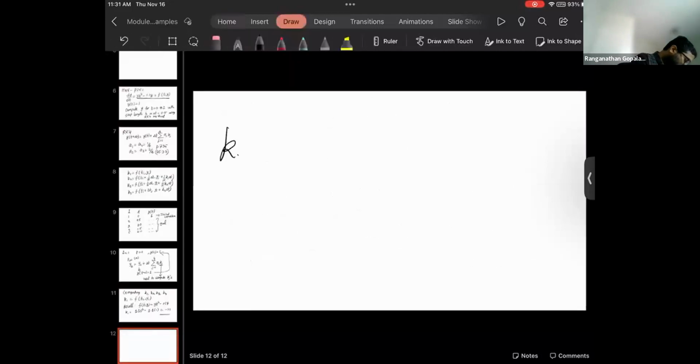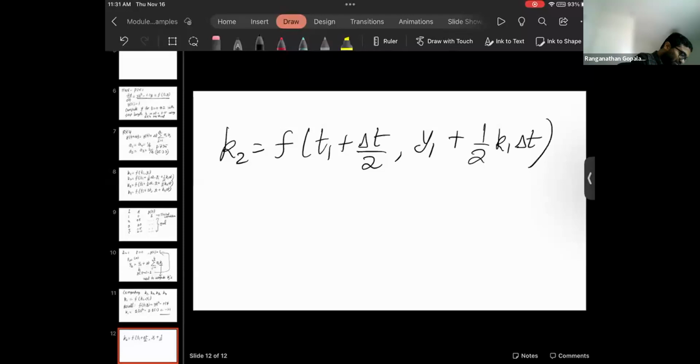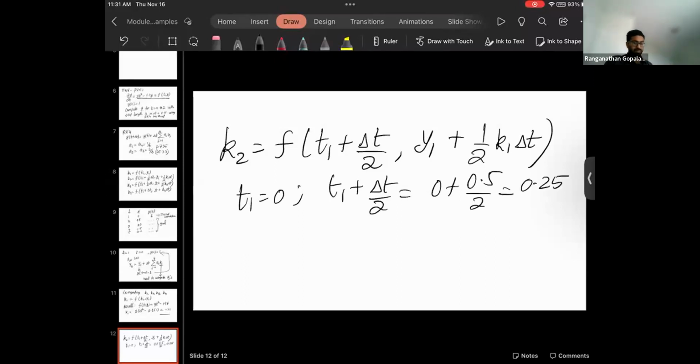K2 is the value of the function at t1 plus delta t divided by 2, and y1 plus half k1 delta t. So t1 is 0. That means t1 plus delta t divided by 2 is 0 plus 0.5 divided by 2, or 0.25. And y1 plus 1 half k1 delta t.